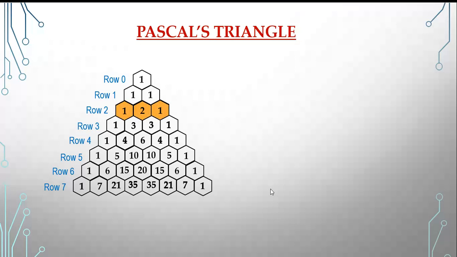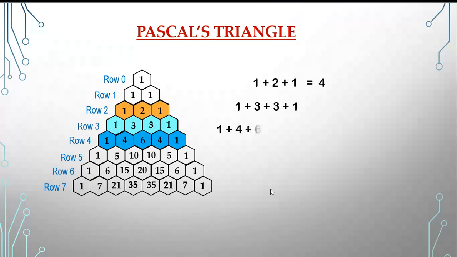Adding up these numbers gives us 4. Now, can you try adding up the numbers in the third and fourth rows individually? What numbers do you get? Yes, we get 8 and 16.